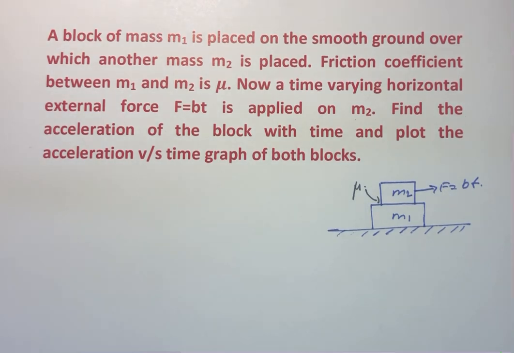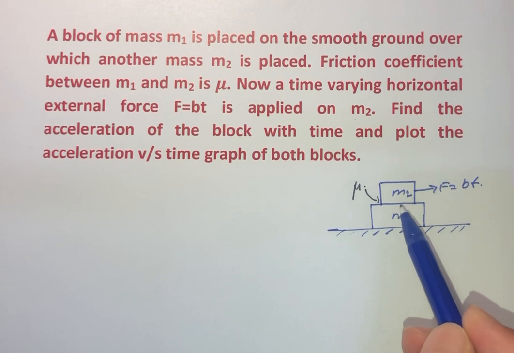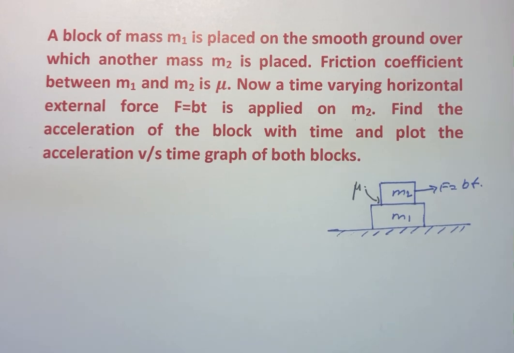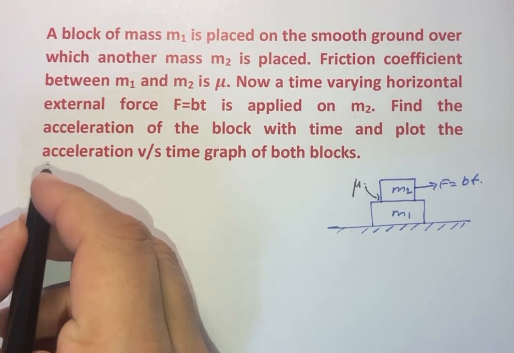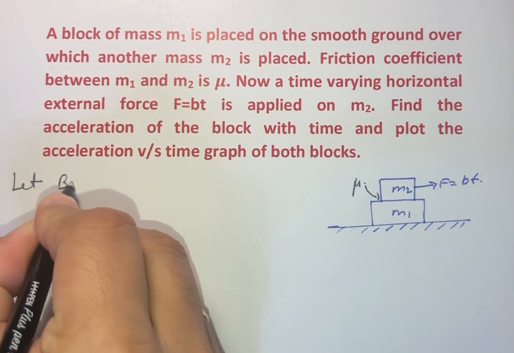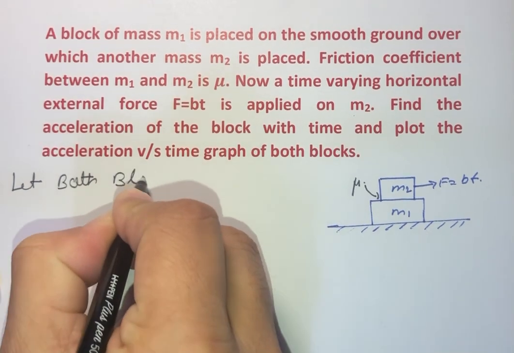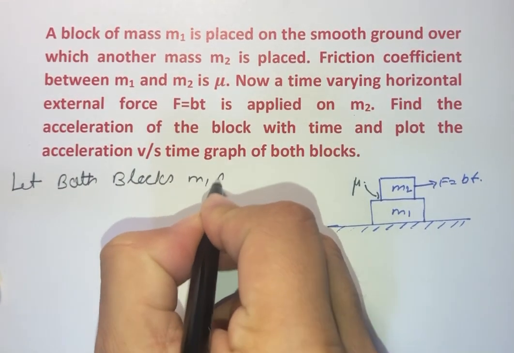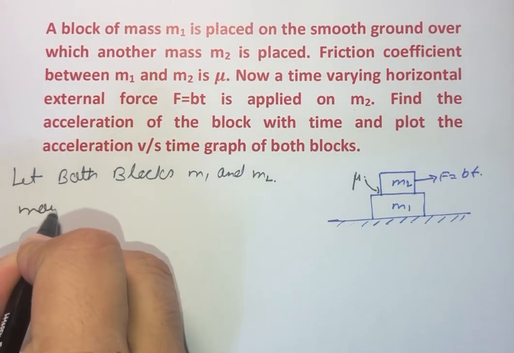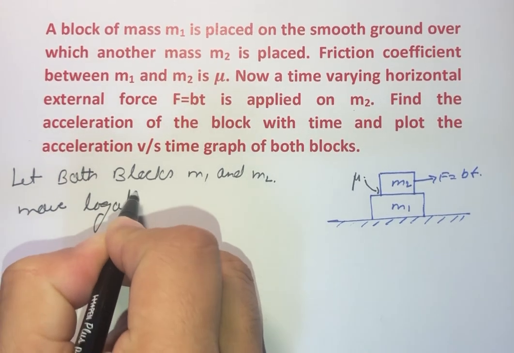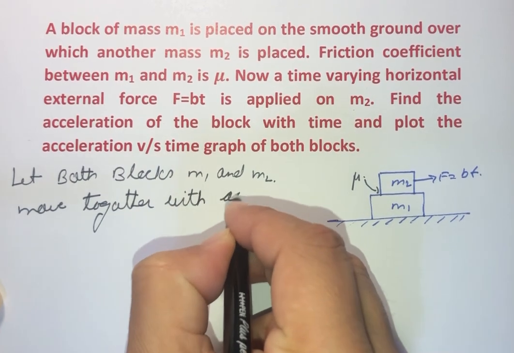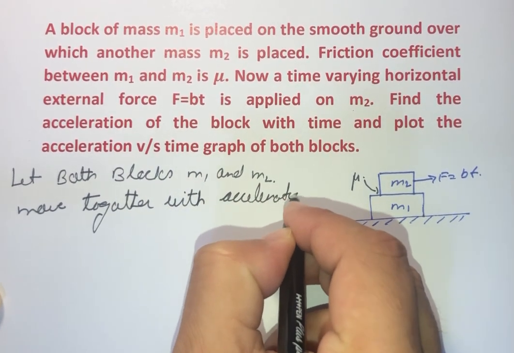So in this case, let us assume first of all that both blocks m1 and m2 move together with acceleration a.